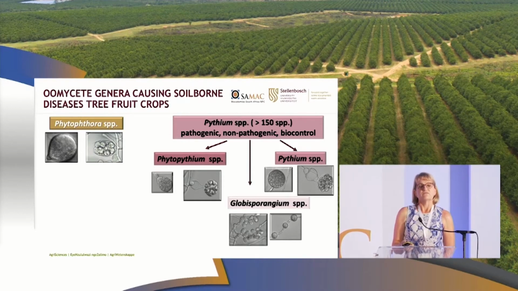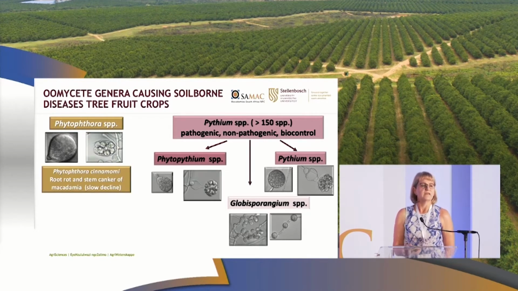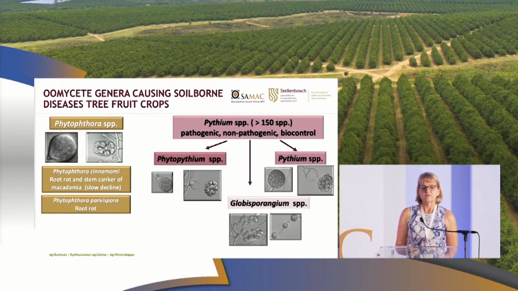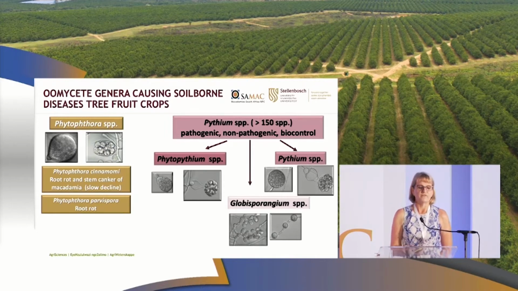If we look specifically at what species and genera are damaging to macadamia, it is Phytophthora cinnamomi, which most of you will be familiar with, that causes a disease that's also referred to as slow decline, causing stem cankers and root rot. And then within our research, we also identified Phytophthora parvispora that causes root rot.